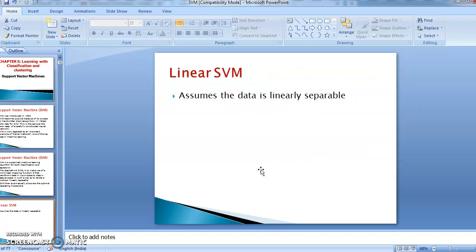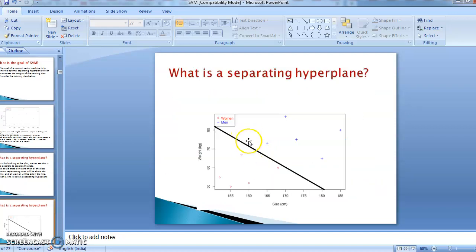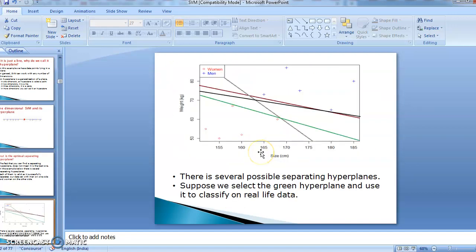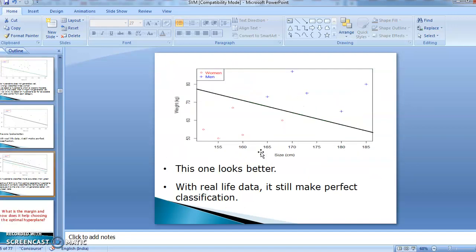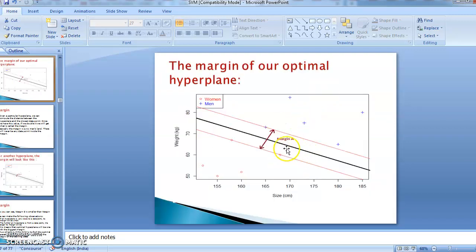In SVM, there is a concept of margin and hyperplane, which divides the given data points into two different classes. Margin is nothing but the distance between the boundary points and the hyperplane.